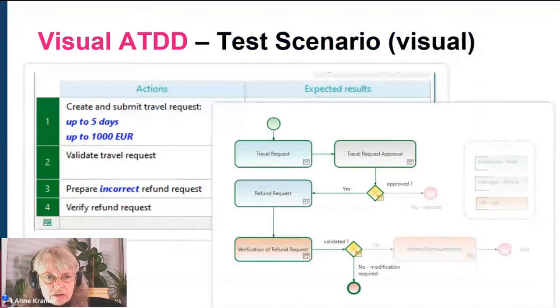Here we still see how this works together. We have the workflow, and you can see in green the path which is covered by this test scenario. This is also a very nice feature of Visual ATDD, that you can see visually what the test scenario means in your entire workflow.